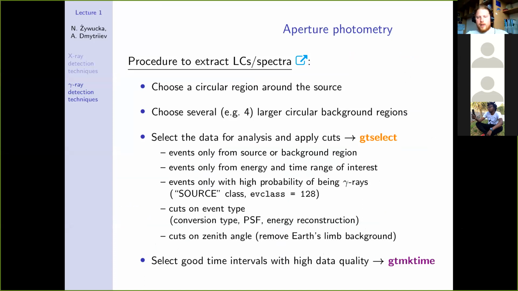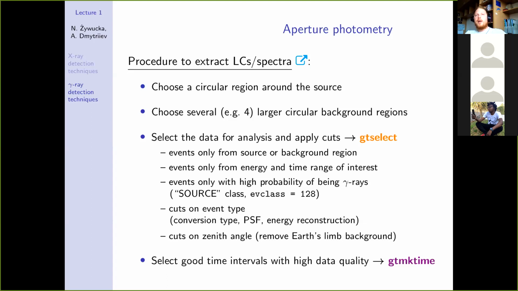Then you can select the time range, so you want photons from only a specific time range, from this day to that day, or a set of time ranges. Then you probably also want to cut on energy range, for instance about 1 GeV, so from 1 GeV to the highest energies.